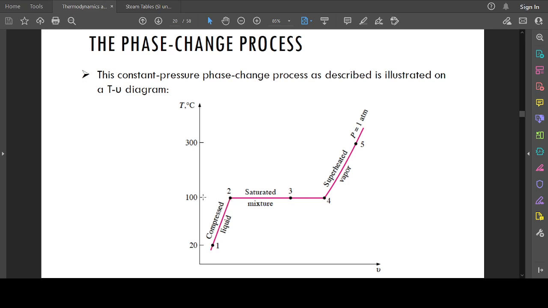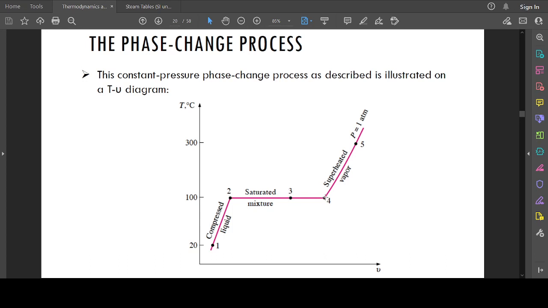Now when we approach 100 degrees Celsius and 1 atm, we get the boiling. This is where the saturated liquid started, where the vapor started to rise. Then between this point and point 3, this is where the mixture of the saturated liquid and vapor exists. At point 3, all the liquid phase has been vaporized, and the only thing left is the saturated vapor.